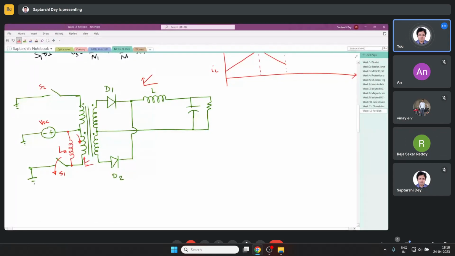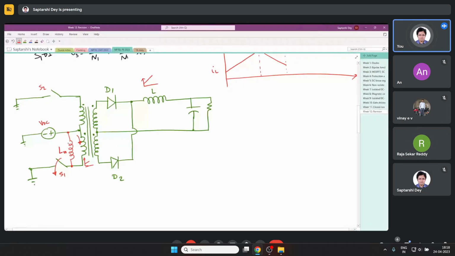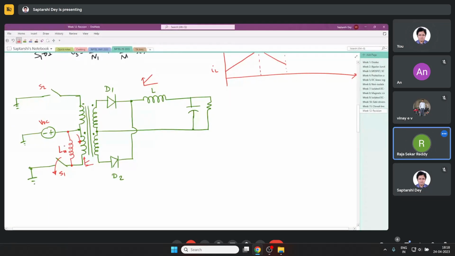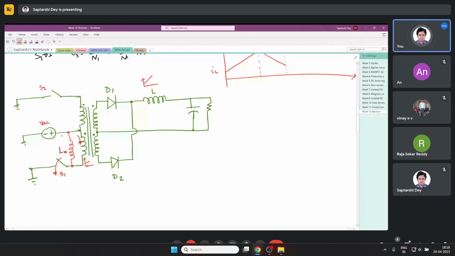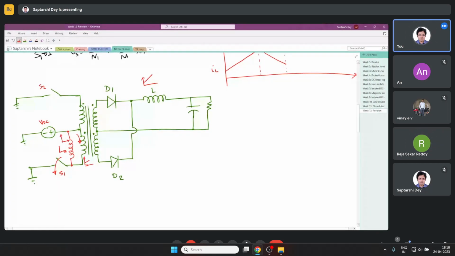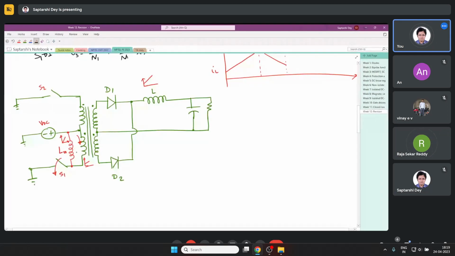At the same time, another increasing current flows through this magnetizing winding, and this also looks like this, linearly increasing, because it is an inductor and you are giving DC voltage across an inductor, right? Now let me draw the current direction also. When S1 was closed, current was flowing in this direction in the magnetizing winding.